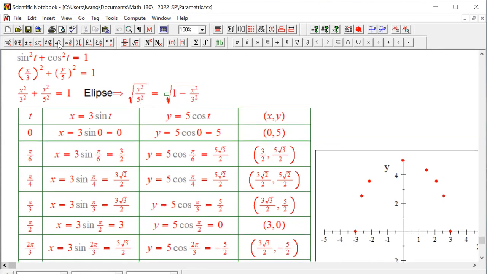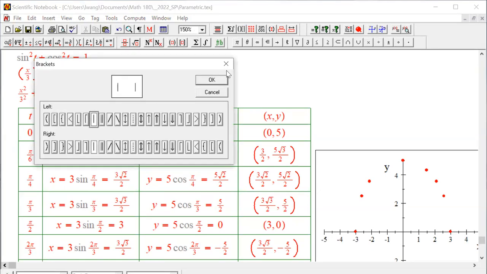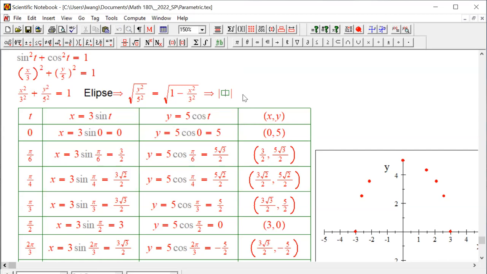The left-hand side is going to be the absolute value of y, divide by 5 if you wish, equal to the right-hand side. And then further, y would be equal to plus or minus 5 times that piece.